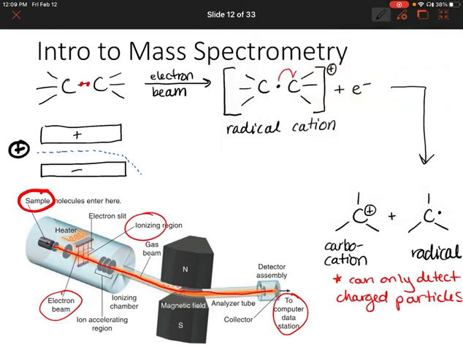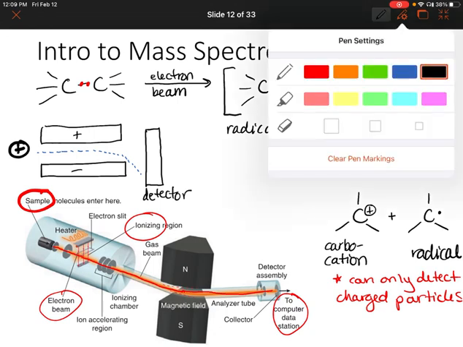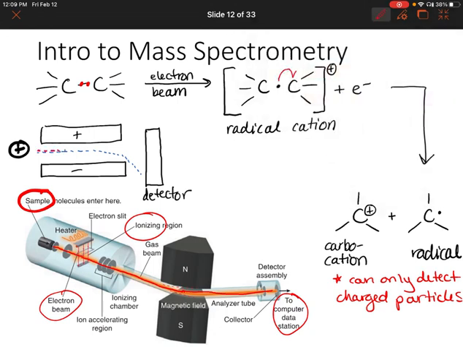And then it will hit the detector at the end of the instrument. So the detector again measures deflection from the central point here. So the difference is the deflection of the ion. Now the deflection of the ion depends on its mass, its charge, and the strength of the magnetic field. So let's actually write that on the next slide.